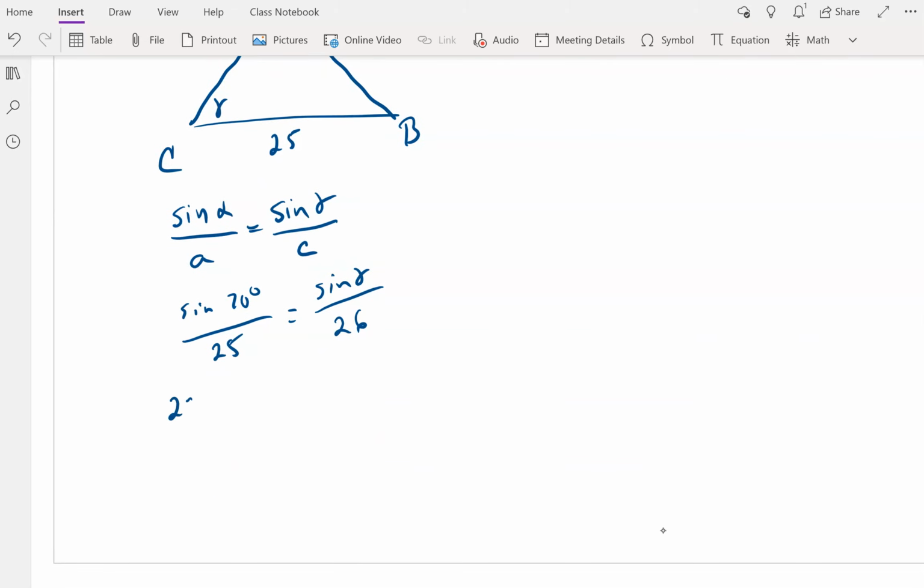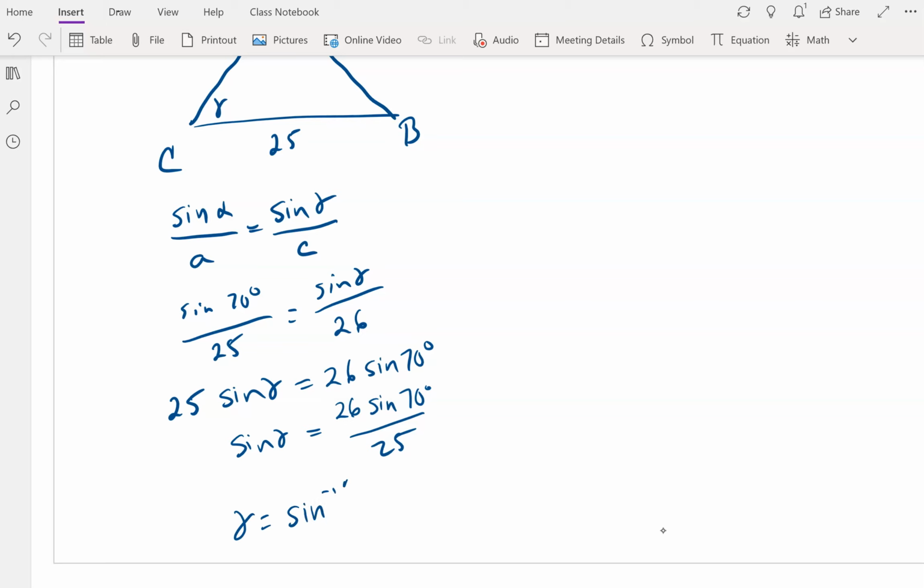Cross multiply, 25 sine of gamma equals 26 sine of 70 degrees. Divide by 25. We get sine of gamma equals 26 sine of 70 degrees over 25. So do the inverse sine of both sides.